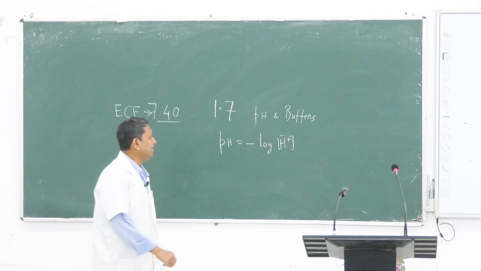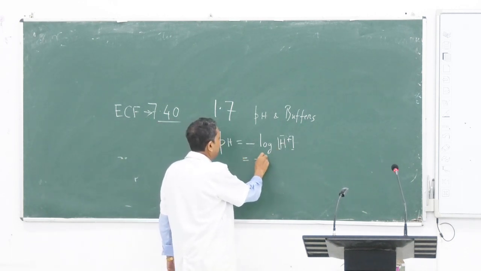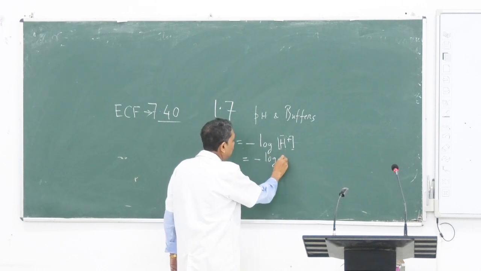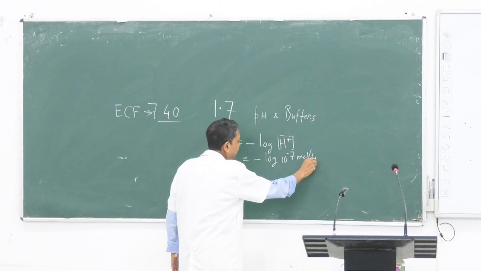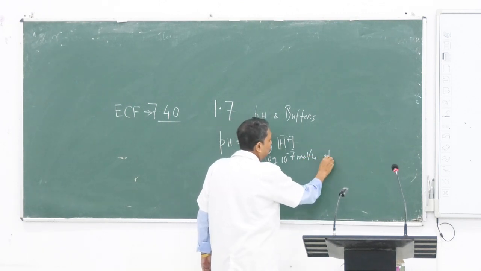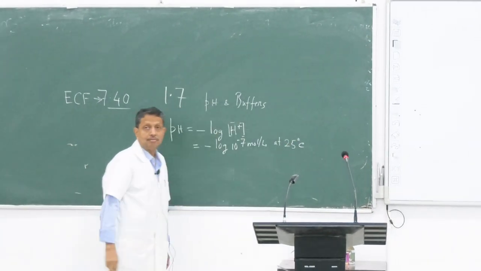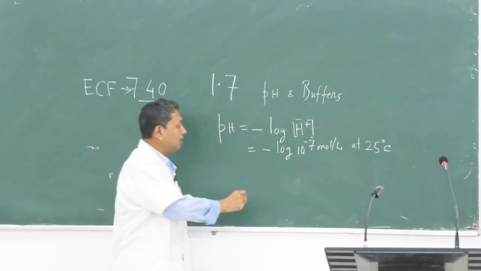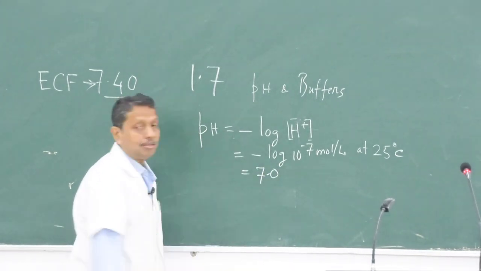At 25 degree centigrade in water, it is minus log 10 to the power minus 7 mole per liter. So it will be 7.0 pH.